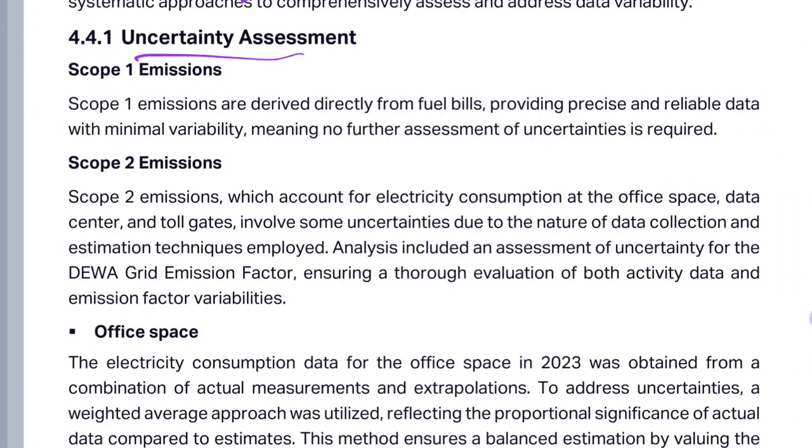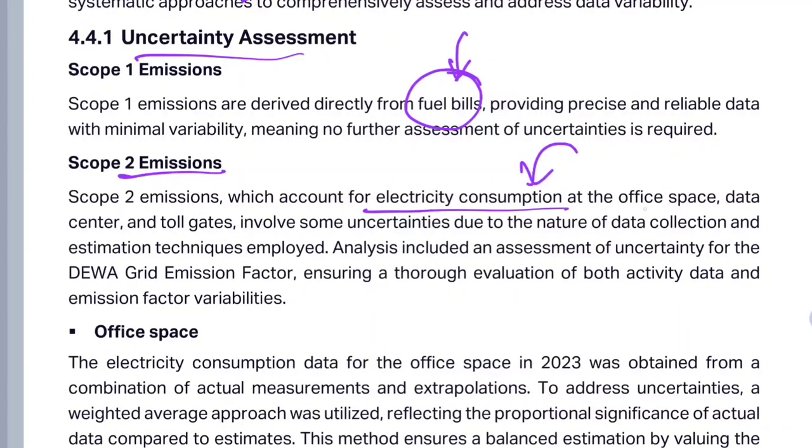So what is the assessment of uncertainty here? You see, scope 1 emissions are derived directly from the fuel bills. So please understand, data is coming from the fuel bills, providing precise, reliable data with minimal variability. So no further assessment of uncertainty is required. Similarly, you see the scope 2 emissions where we are getting data from electricity consumption at the office space, like bills.